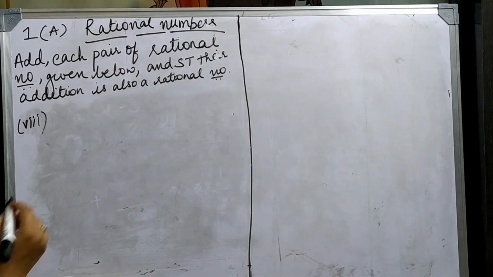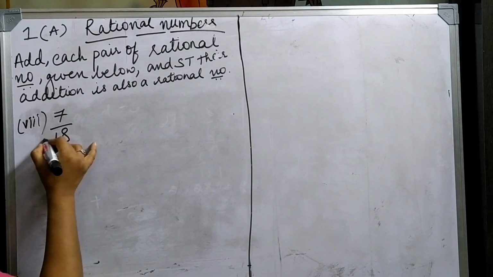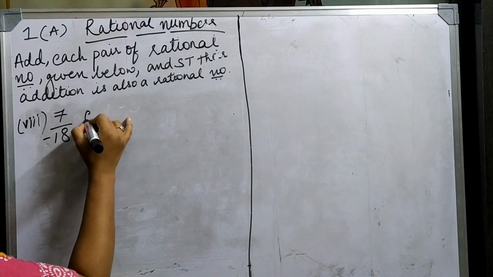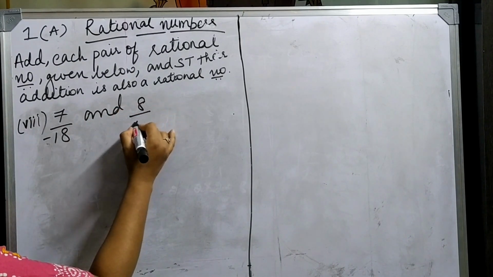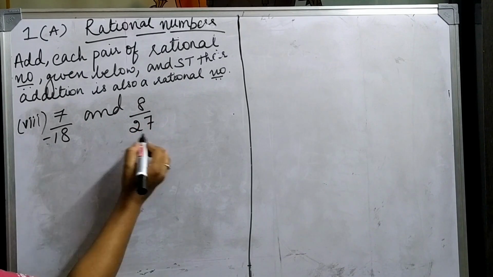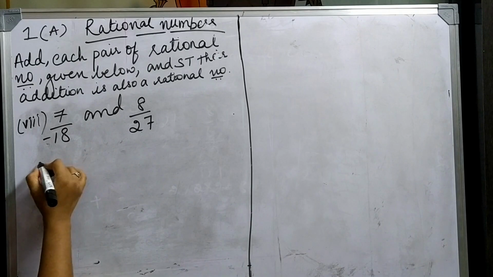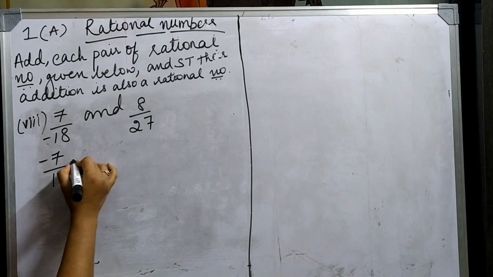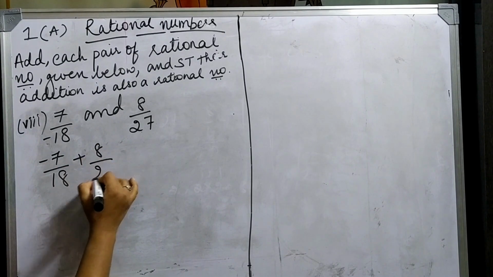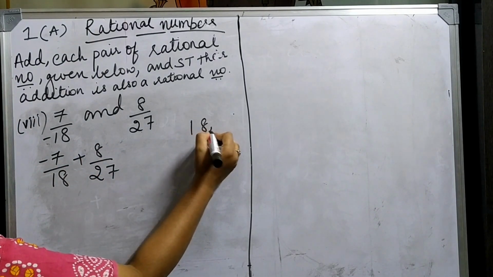So the 8th question we have is 7 by minus 18 and 8 by 27. So again, if you look at the denominators, they are 18 and 27. We will have to take the LCM of the denominators. So which is minus 7 by 18 plus 8 by 27. Let us take the LCM of 18 and 27.